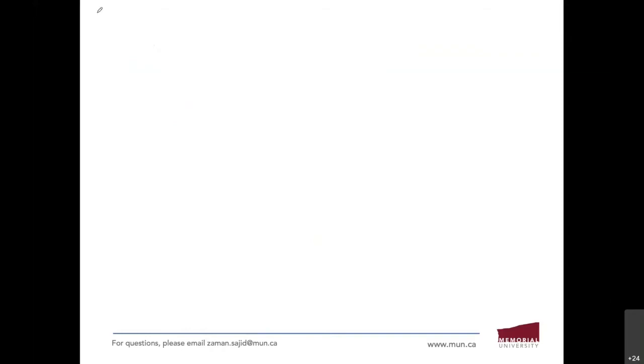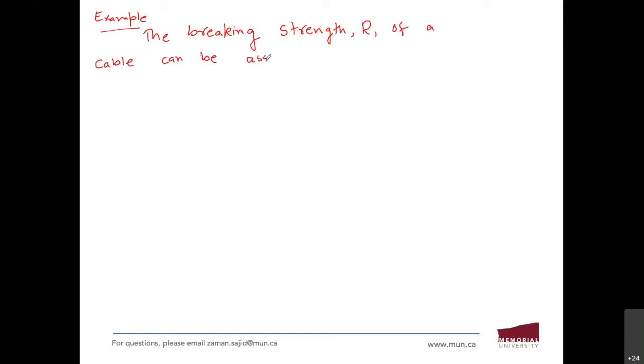Now we will do one example here. The breaking strength R of a cable can be assumed to be log normal distribution with a mean value of 80 kip.